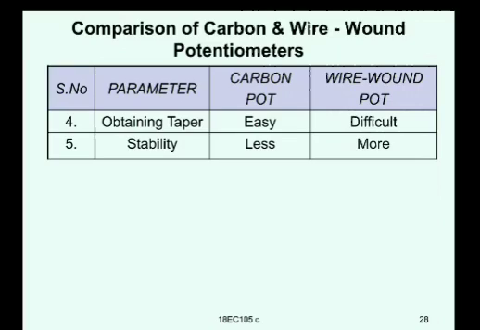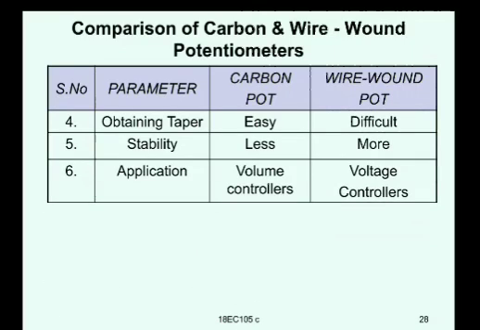The stability of the carbon type of potentiometer is very less, and that of wire wound is very high, that is more. And for applications, most of the time carbon pots are used in volume controllers, whereas the wire wound potentiometers are used in voltage controllers and also current controllers.